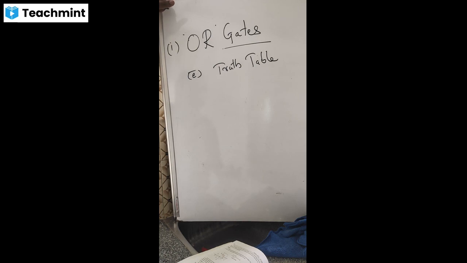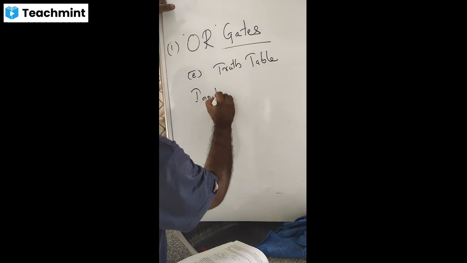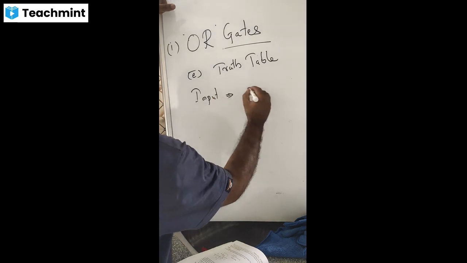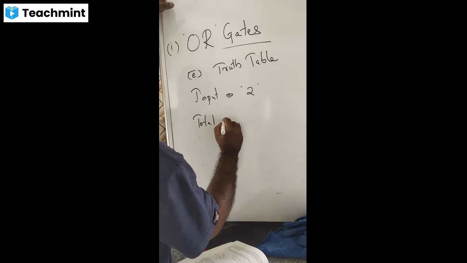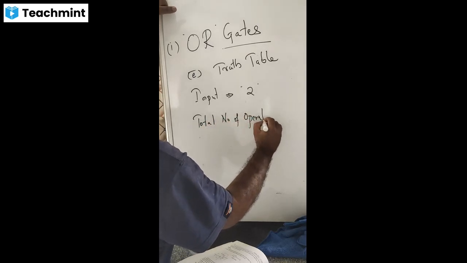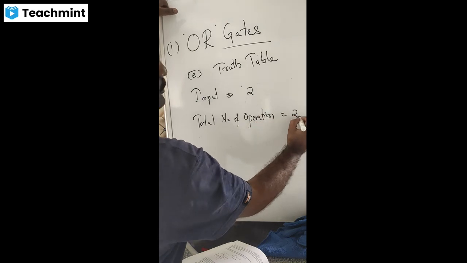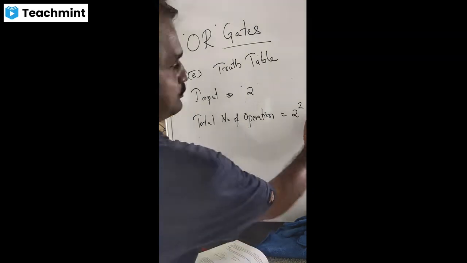Since input is 2, how many inputs? 2. So total number of operations will be 2 raised to 2, 2 raised to 2, that equal to 4.